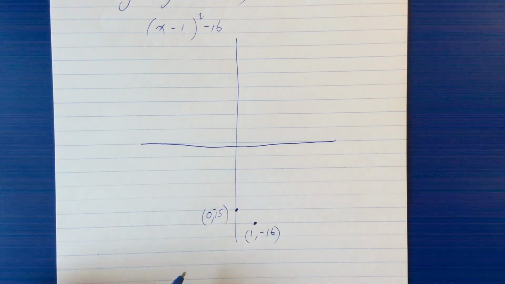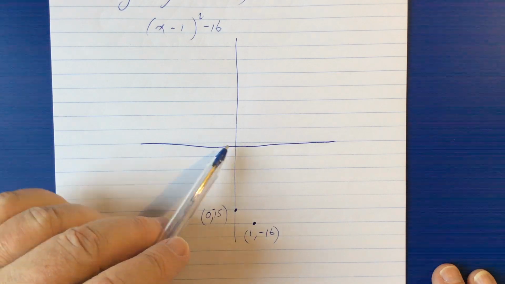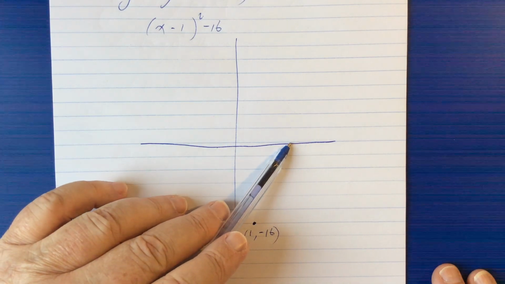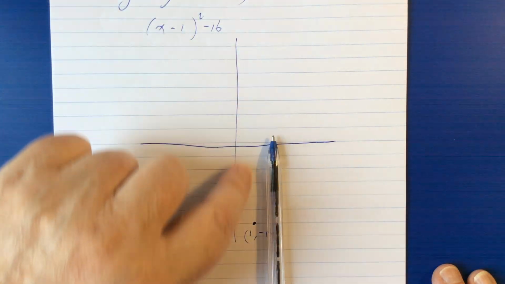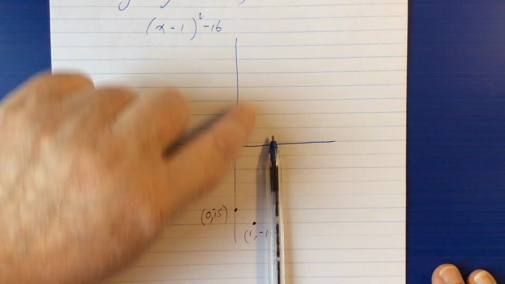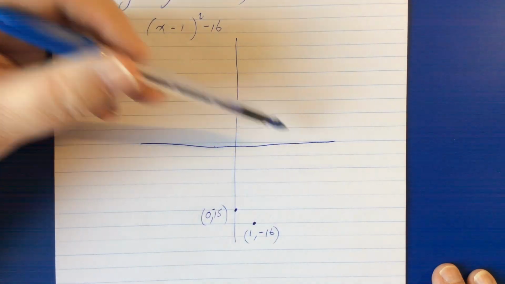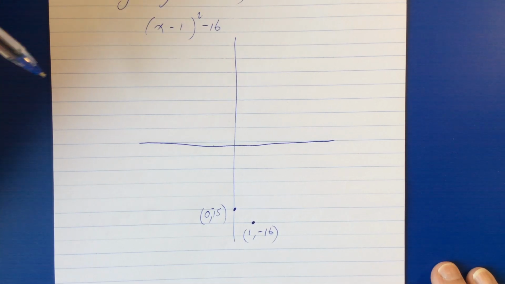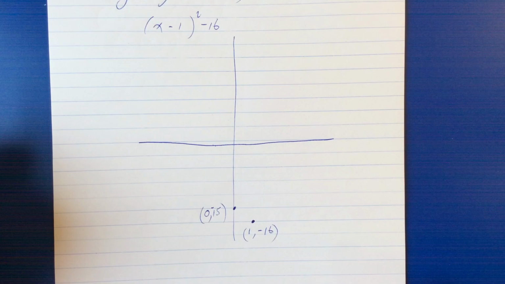Now, what that tells us is that we have a point over here and a point over here equidistant from the axis of symmetry of this thing, which will intercept the x-axis. There are 2 intercepts. Now, how do we figure out what that is?